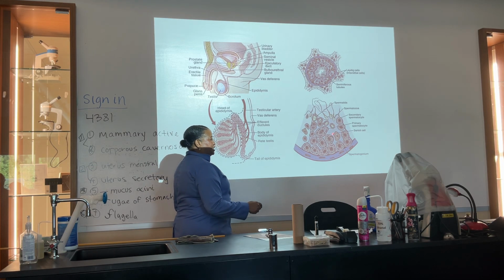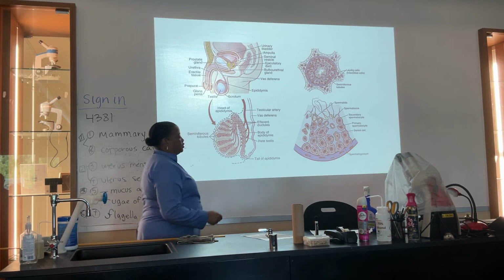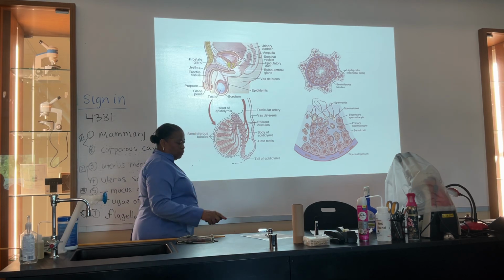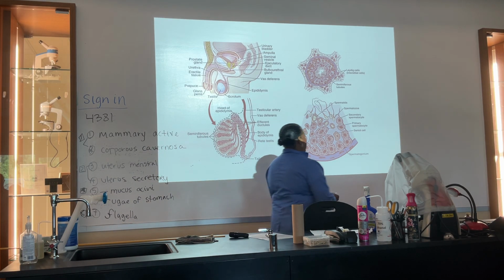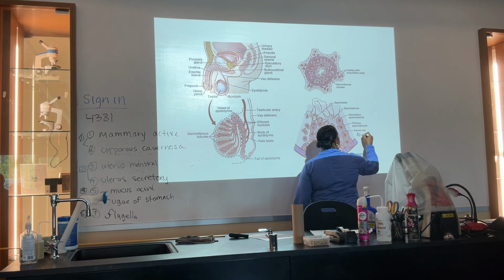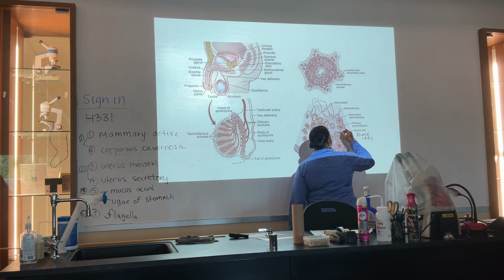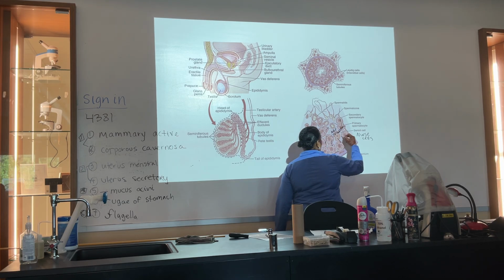They make a protein that binds testosterone, an androgen binding protein. So again, these are the nurse cells or Sertoli cells. And they make something called an androgen binding protein, which keeps testosterone in this area for the developing sperm.